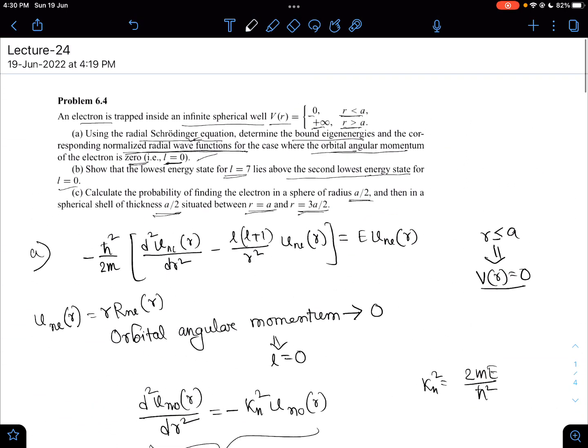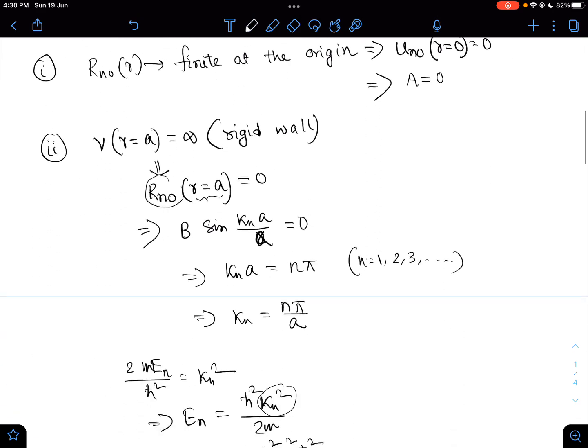We have to show that the lowest energy state for L equal to 7 lies above the second lowest energy state for L equal to 0. So let us proceed.